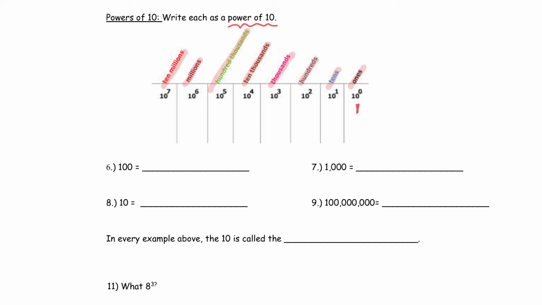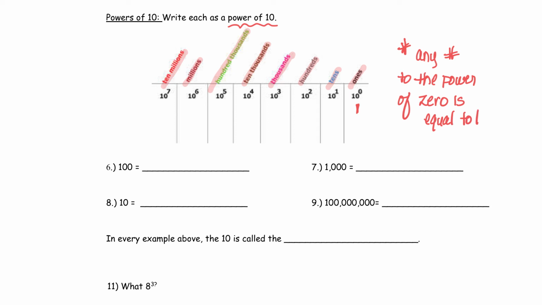It's not 0. Any number, by the way, that's to the power of 0 would be equal to 1. So I would write this down: any number to the power of 0 is equal to 1.